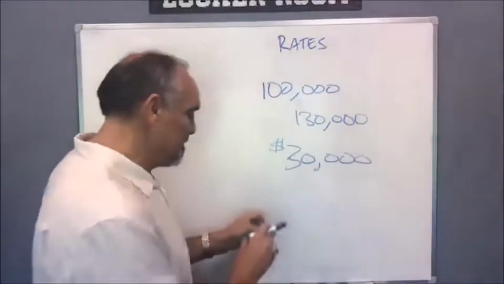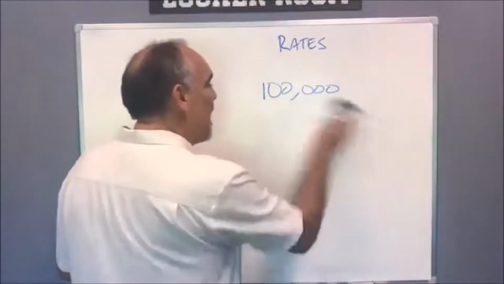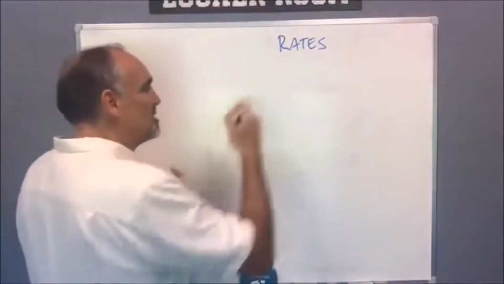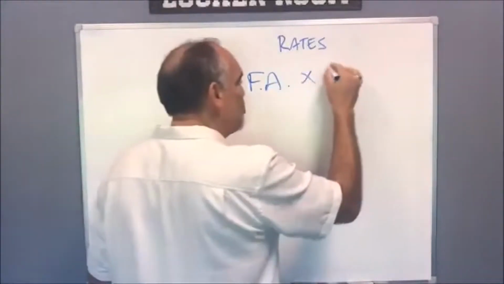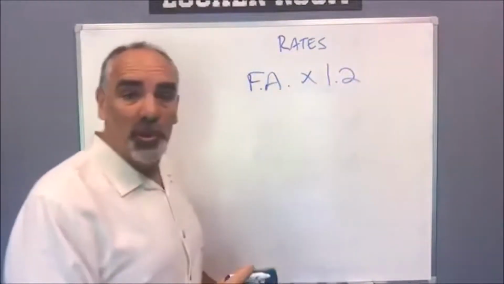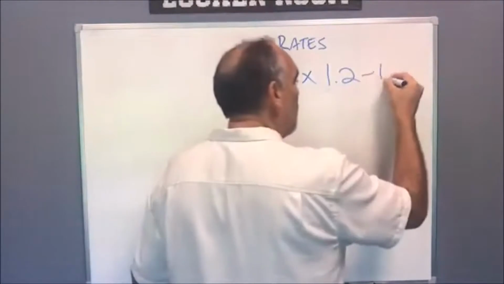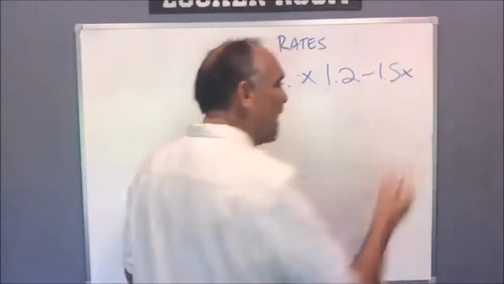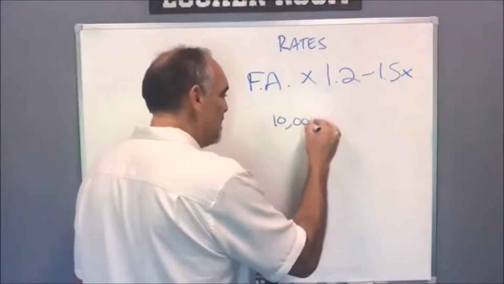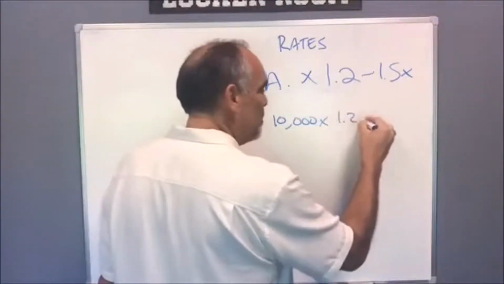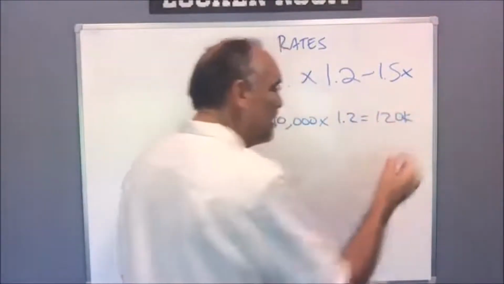Now, generally what happens is, it's called a factor. You're going to find that it's the funding amount, the amount they're given, times 1.2 if they're really, really strong, all the way up to 1.5 times if they're not as strong, a high risk. So $10,000 times 1.2 equals $12,000 that they would pay back.